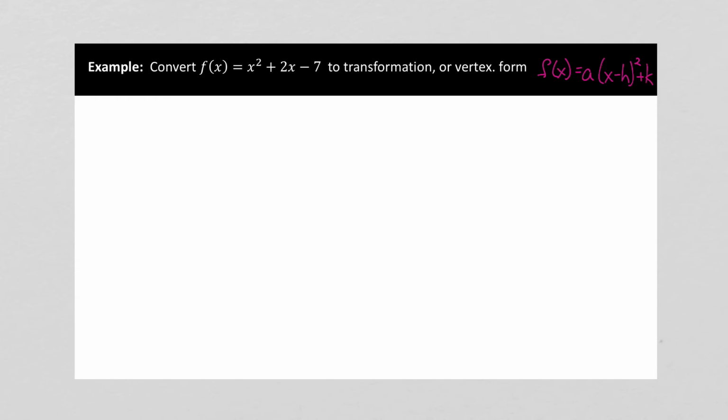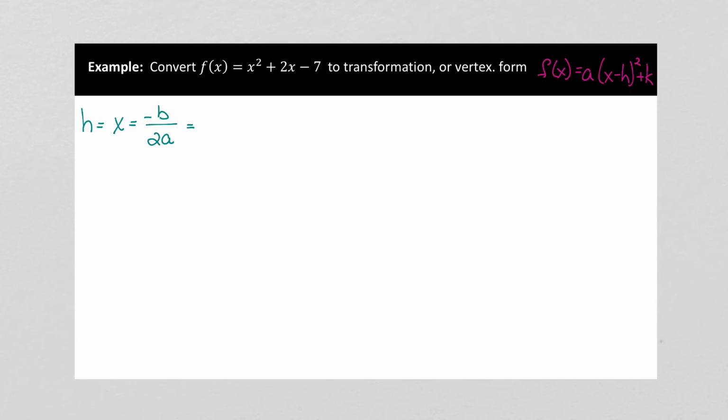So what I'm going to choose to do is actually find the vertex and plug it in. And we know to find a vertex, to find the x value, we use negative b over 2a. The x value of the vertex is h.